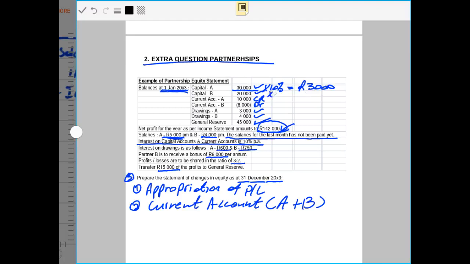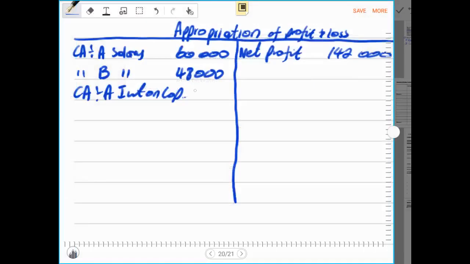And if we say 20,000 rands times 10%, that should give us interest on the capital of 2,000 for partner B. So for partner A, interest on capital is 3,000, and for partner B, the interest on capital is 2,000 rands.